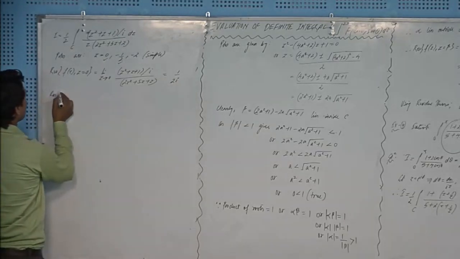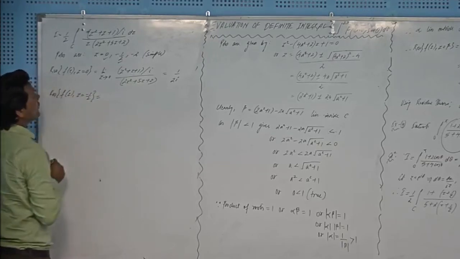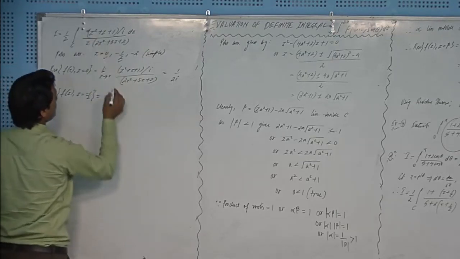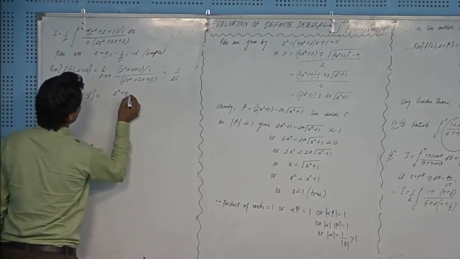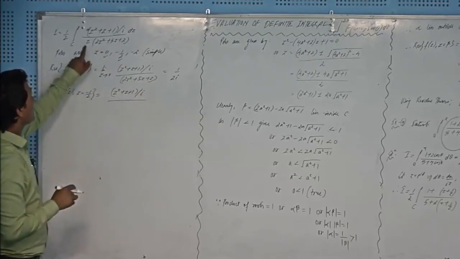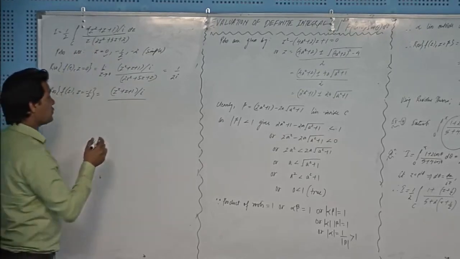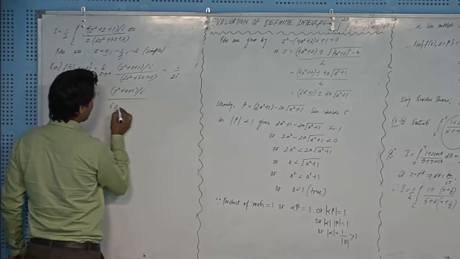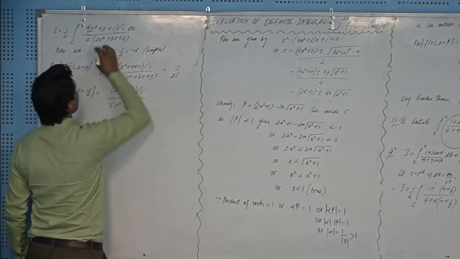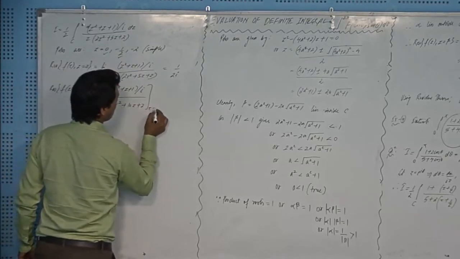And the residue of f(z) at z equal to minus half: now I am using the derivative formula this time. The numerator stays as it is, z square plus z plus 1 over iota, and I differentiate the denominator. Multiplying this by z, you get 2z cube, and the differentiation of 2z cube is 6z square, and 5z square becomes 10z. Then I plug in z equal to minus half.